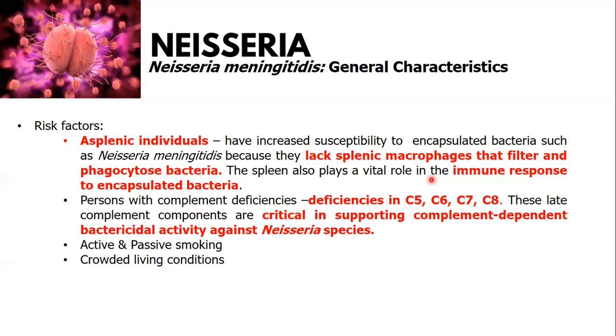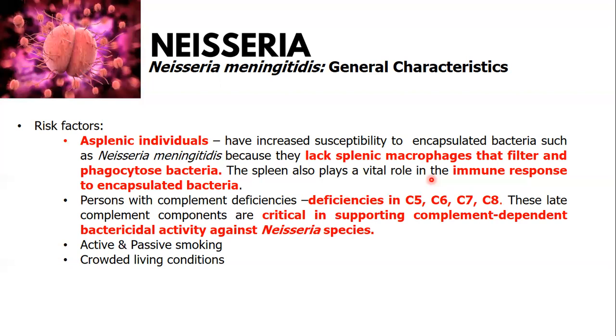So take note that if a spleen is not functioning well, or there is an absence of spleen, it indicates that there is also an absence or lack of splenic macrophages, which are important in filtering and phagocytosing bacteria that are introduced via the bloodstream.